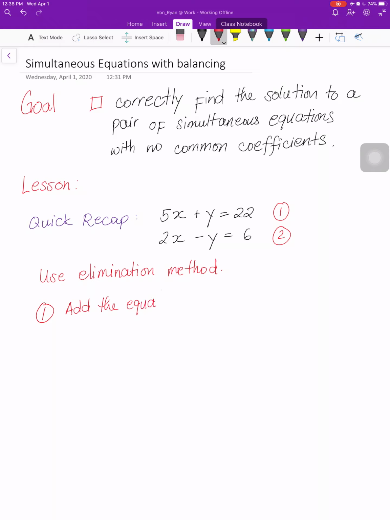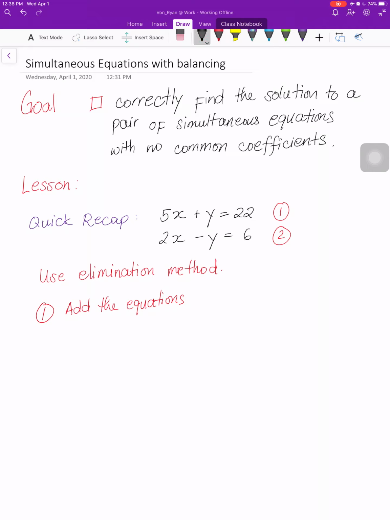Take note that you can choose whether to add or subtract the equations based on the signs of the coefficients. Usually, if the variable that you want to eliminate has coefficients of the same sign, meaning they're both positive or both negative, you subtract the equations so you can cancel the terms out. If they have opposite signs, you add them.